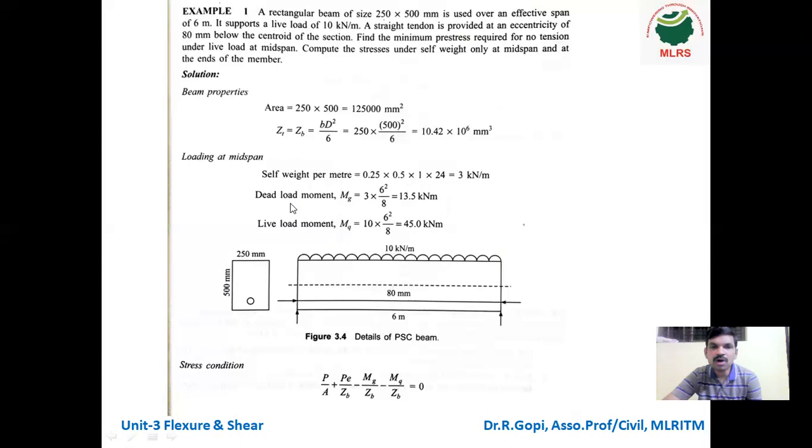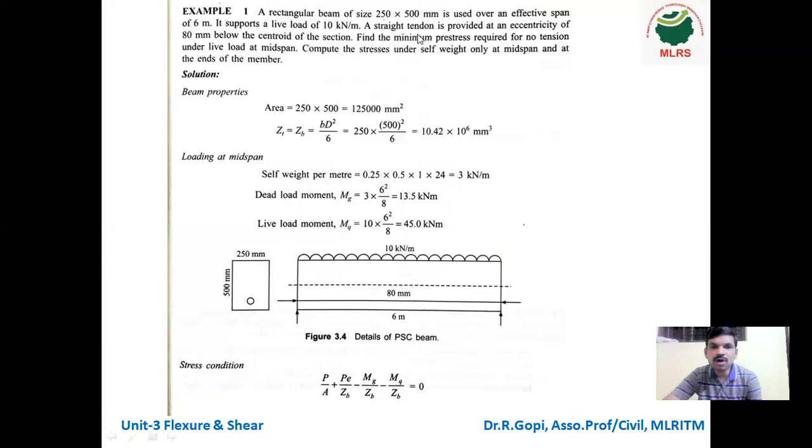So dead load moment. What is the dead load given? We already found it is 3 kN per meter. Since it is a UDL load, the maximum bending moment formula is WL squared by 8.